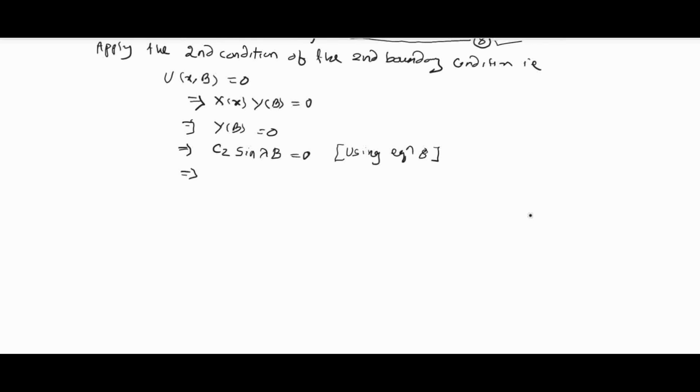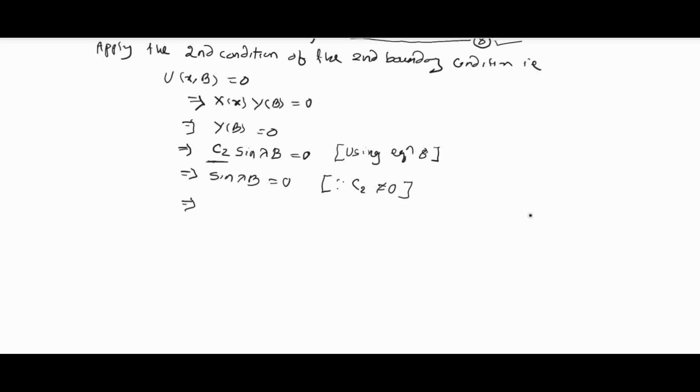That implies, see, c2 can't be 0. So sin lambda b should be 0, as c2 cannot be 0. c2 equal to 0 means we will get a trivial equation. So in order to get a non-trivial equation, we have to make sin lambda b equal to 0.